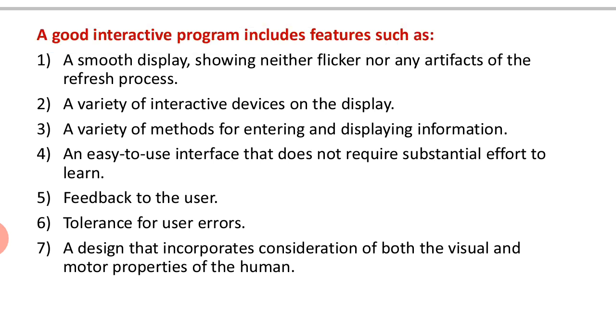The very first point is that it should have a smooth display showing neither flicker nor any artifacts of the refresh process. It says that the output image of the program should have a very smooth display, and there should not be any kind of flickering, in the sense that the image should be constant over that particular output device.